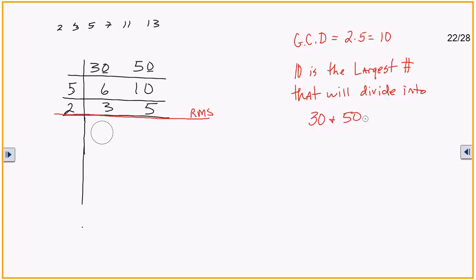Well, 15 will go into 30, but 15 won't go into 50. Well, 25 will go into 50, but 25 won't go into 30. So you've got to understand what you're looking for. In the red, we got our greatest common divisor.